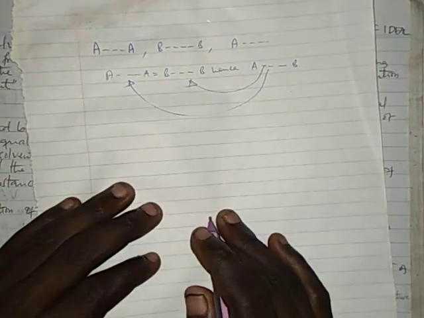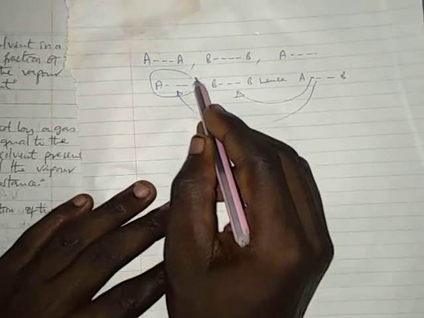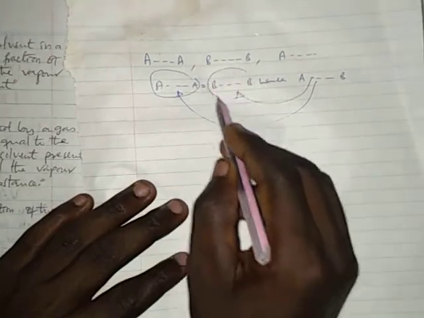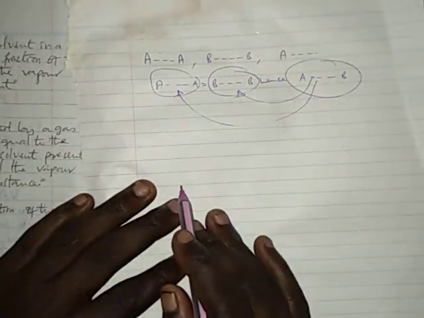So the intermolecular force in pure liquid A is equal to the intermolecular force in pure liquid B, and hence is equal to the intermolecular force in the solution.